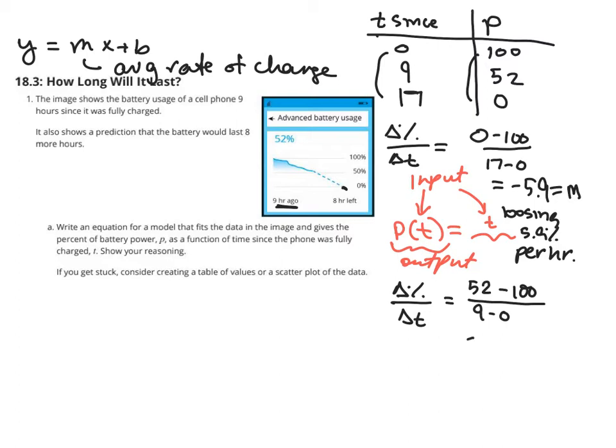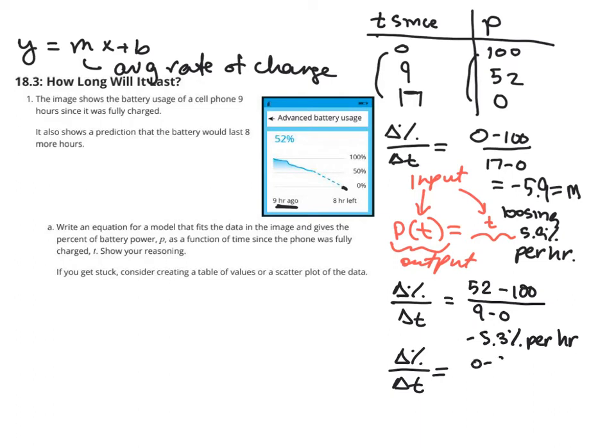That gives me negative 5.3% per hour. Okay, we're going to do this one more time. I'm really curious about the other time period. So we did the whole time, we did the first part, and let's just look at the second.